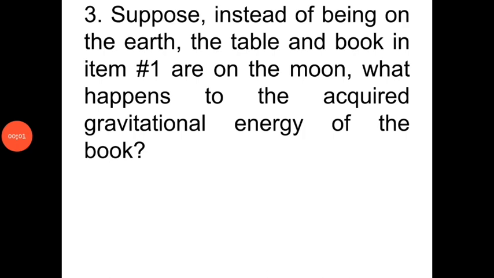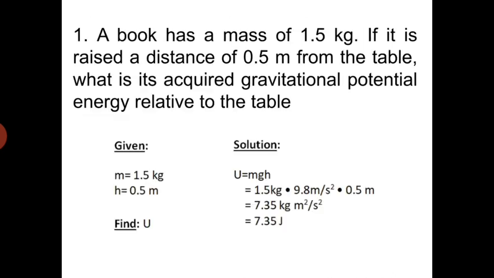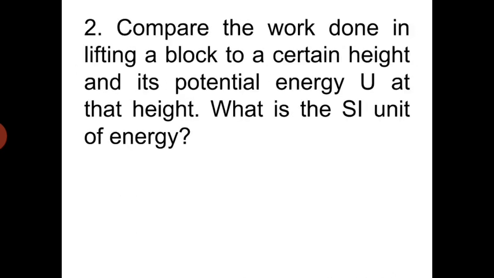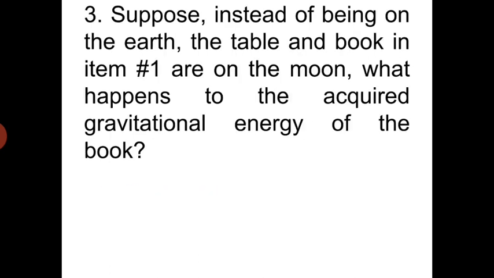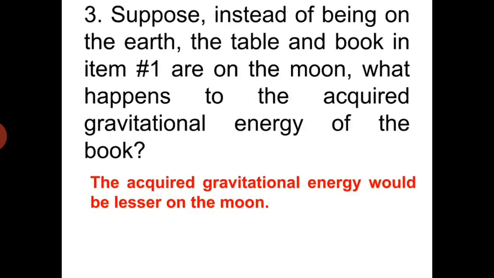Suppose instead of being on Earth, the table and book in item number 1 are on the moon. What happens to the acquired gravitational energy of the book? So let's go back to number 1. Our answer here is 7.35 joules on Earth. Now, the answer for number 3: the acquired gravitational energy would be lesser on the moon, because remember, the acceleration due to gravity on Earth is greater than the acceleration due to gravity on the moon.